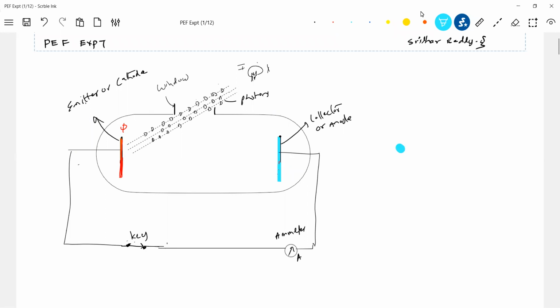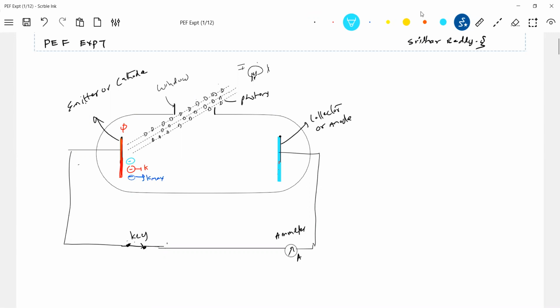The maximum kinetic energy electron I'll show by this color. This will be K max, and there'll be another electron ejected with kinetic energy less than K max, and another electron which will be at rest here. So we agreed on this, I think, yesterday.